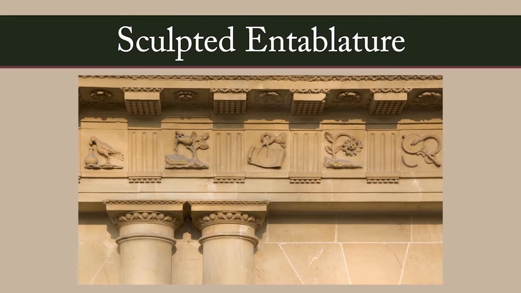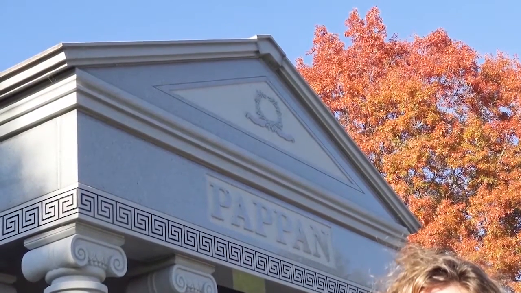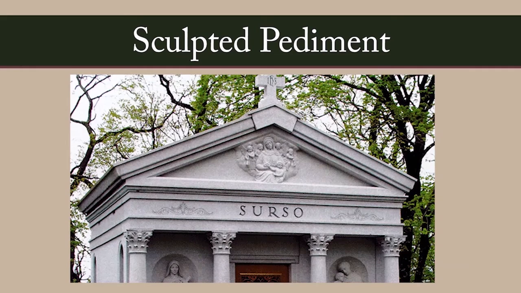Friezes are sculpted panels that occupy the central sections of the entablature and often told pictorial stories in ancient times. The mausoleum pediment is above the entablature and is usually triangular. It can hold an inscription, bas-relief, or decorative panel, topped by a hood mold to redirect water and surrounded by ornamental moldings.